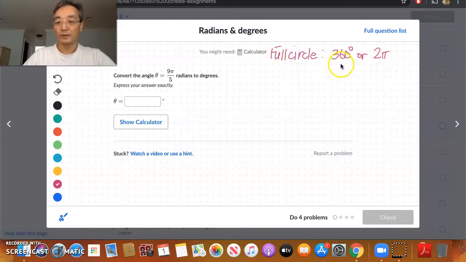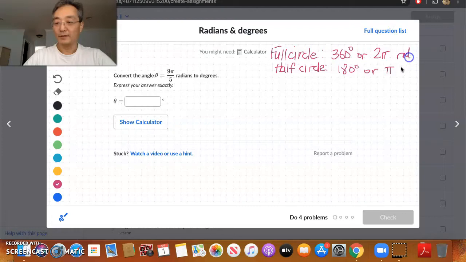Or if you want to think about it this way, if you cut that in half, in a half circle or a semicircle, we have 180 degrees or we have pi radians.